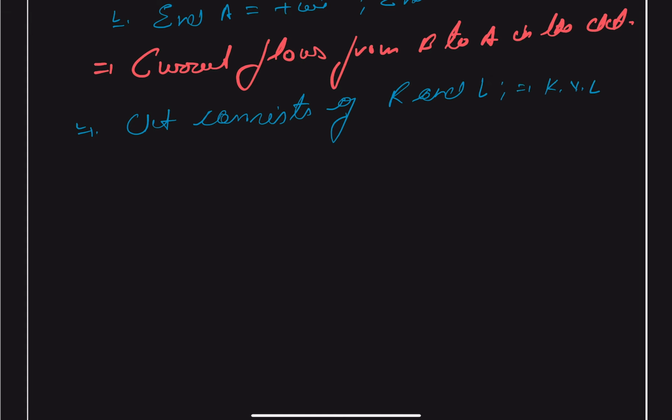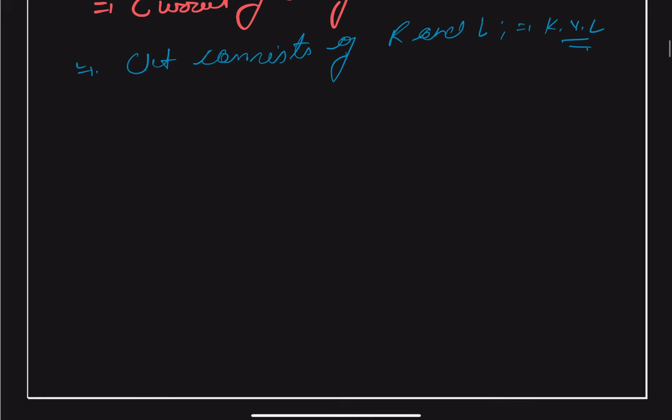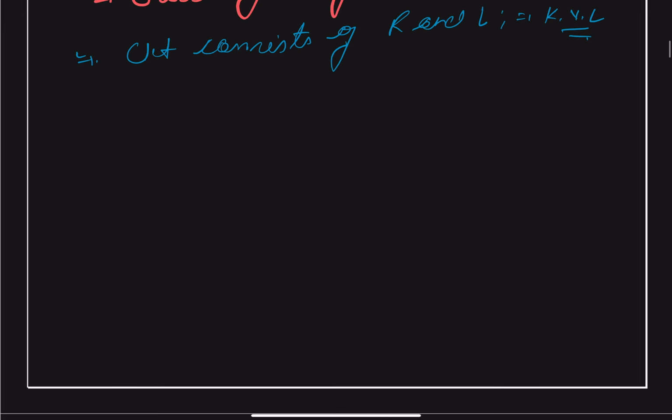Therefore by KVL we can write the equation: induced EMF E minus IR minus L di upon dt will be equal to 0.